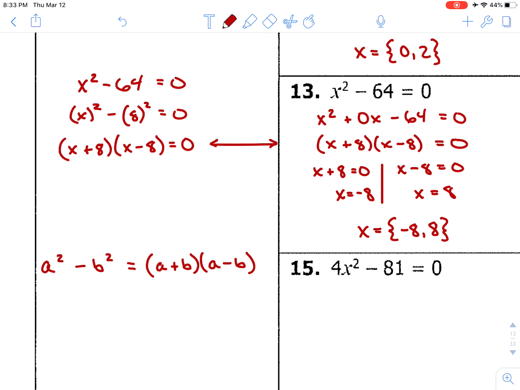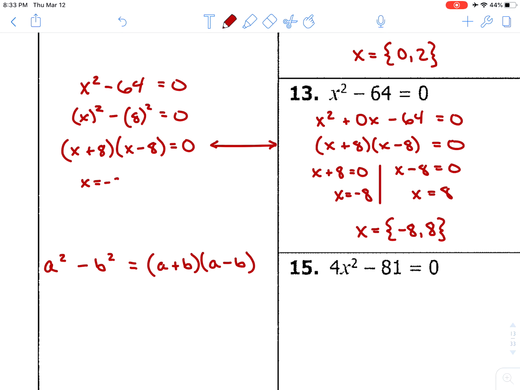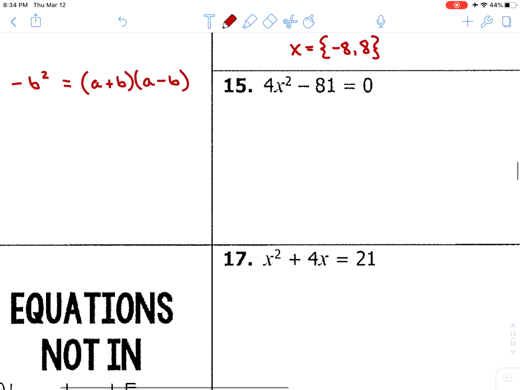So I got that same factored form, both from sum and product, as well as a difference of squares. So anytime you have, and if we look here at number 15, anytime you have an x squared and a constant and no first degree term in there, so no x to the first, you can always ask yourself, can we do a difference of squares?